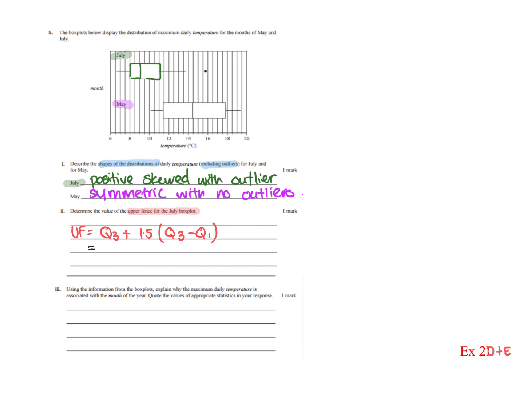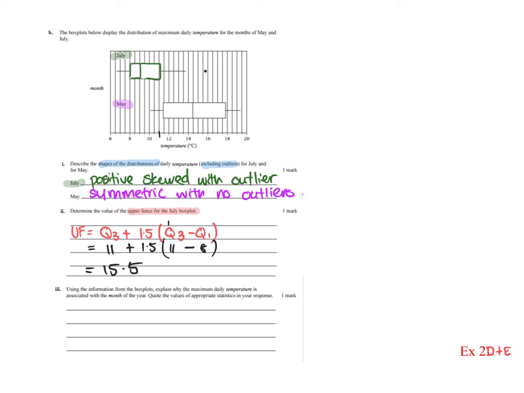For July, Q3 is 11, minus Q1, which is 8. So I'll have 11 plus 1.5 times 8, which equals 15.5. That is the upper fence, and you can leave it like that.